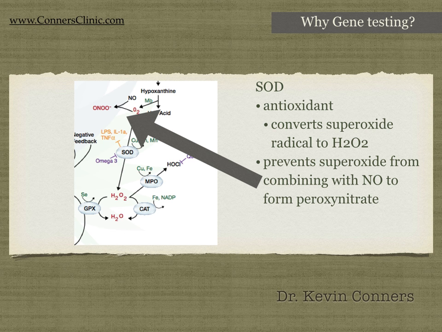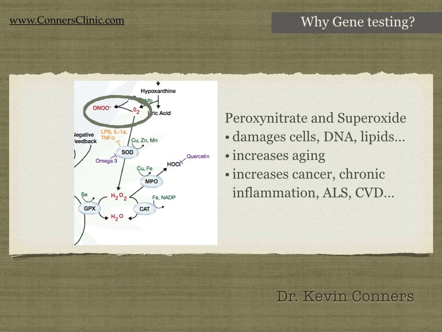When you have an excess of superoxide free radicals, it combines with your nitric oxide and creates peroxynitrite, which is equally damaging to your cells as the superoxide ion, and it's stealing all your nitric oxide. Not a good thing to happen.